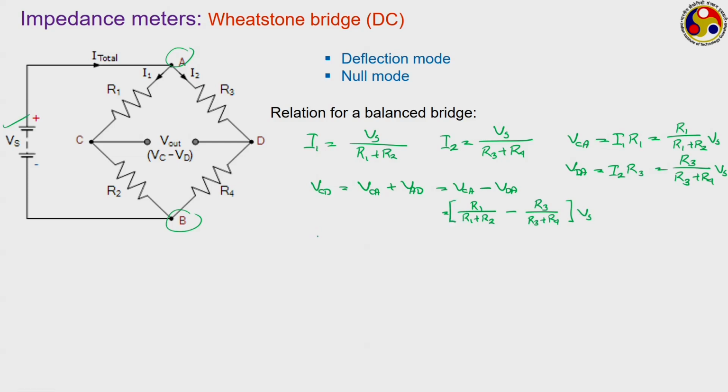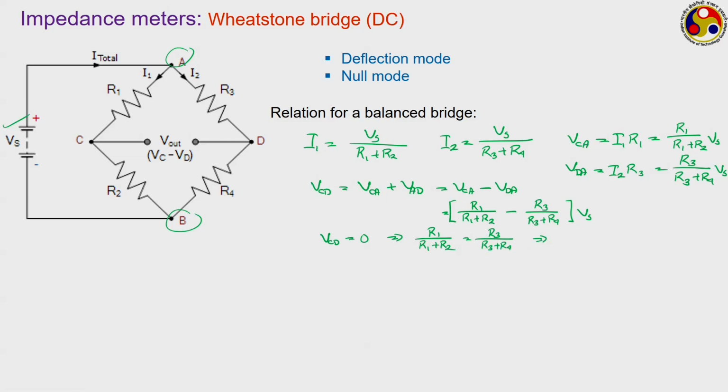Now, under balanced situation we know that VCD is equal to 0. So what we can write for this is R1 by R1 plus R2 is equal to R3 by R3 plus R4.